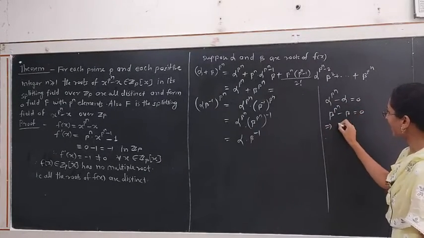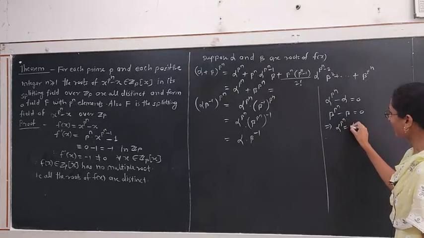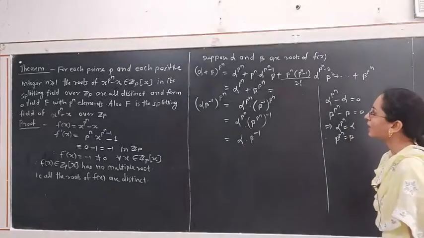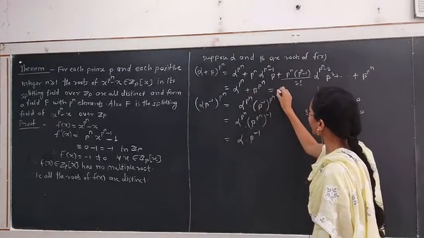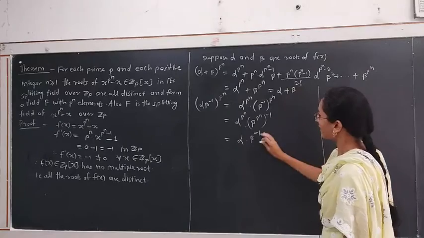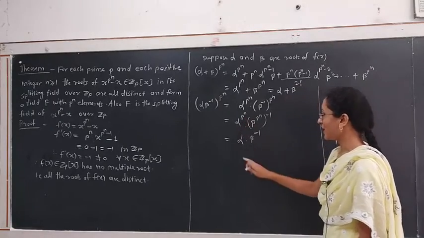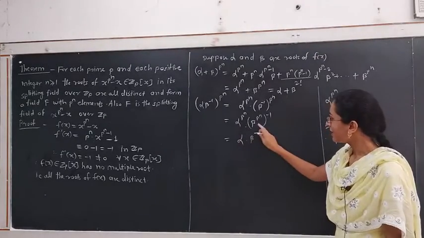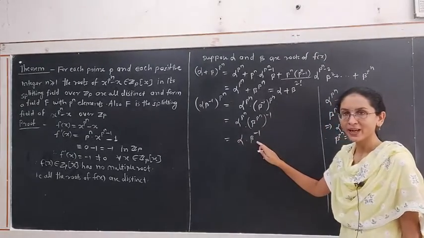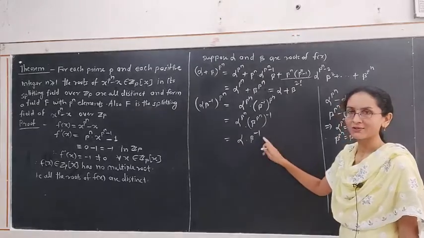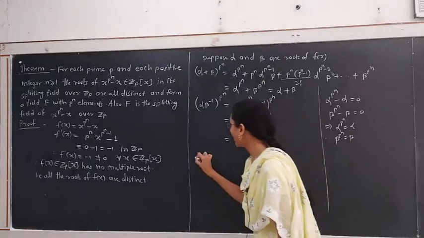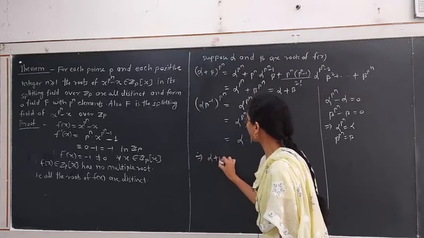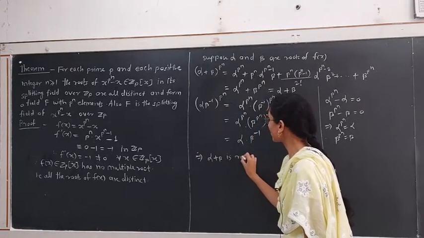This implies alpha^(p^n) is equal to alpha and beta^(p^n) is equal to beta. Therefore, this addition is alpha plus beta. Also, alpha^(p^n) is equal to alpha. Hence we write this term as alpha into beta, since beta^(p^n) is beta, and its power is minus 1.